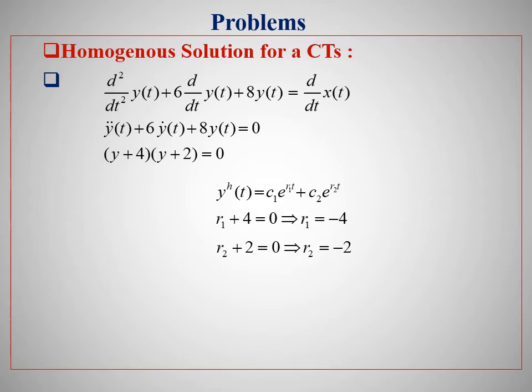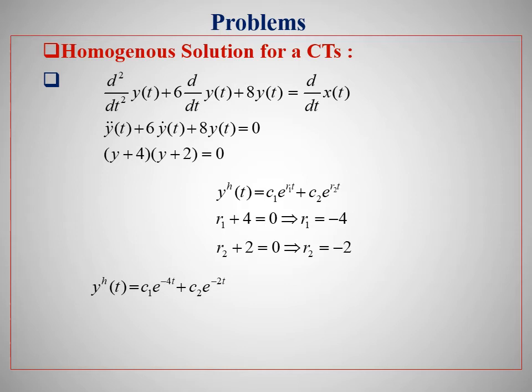Hence, considering the solution of the homogeneous case in continuous time, yh of t is given by c1 e power r1t plus c2 e power r2t, where r1 plus 4 is equal to 0. Thus, as mentioned before, r1 is equal to minus 4 and r2 is equal to minus 2, as we are equating r2 plus 2 to 0.